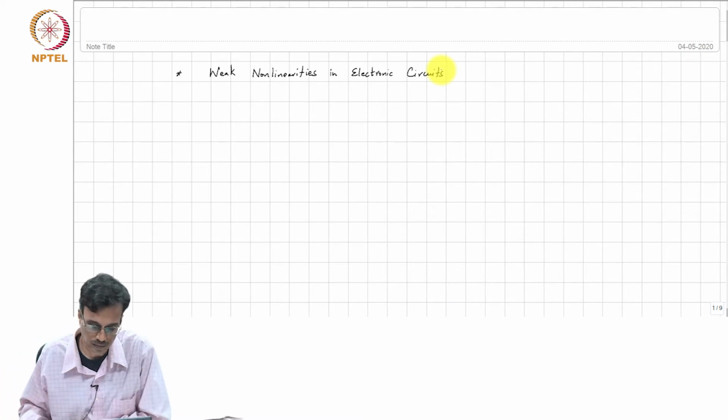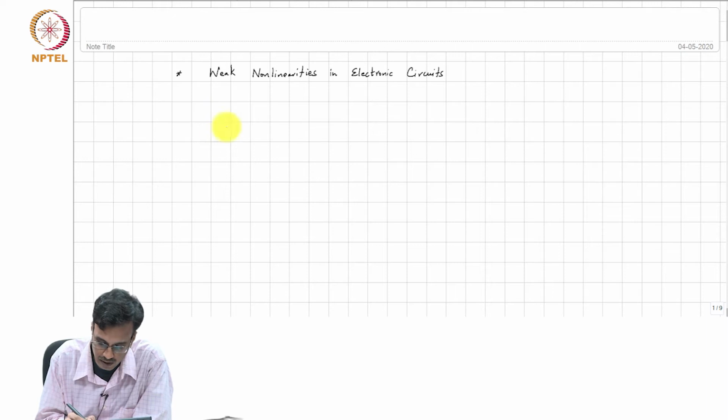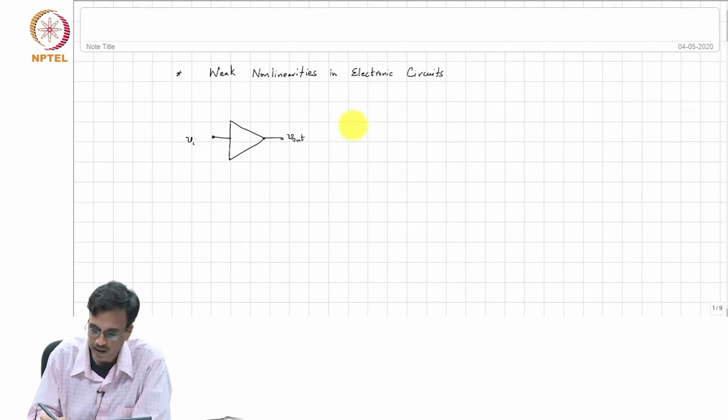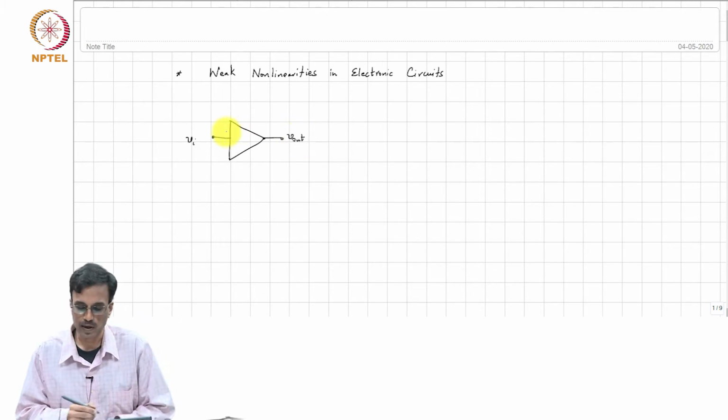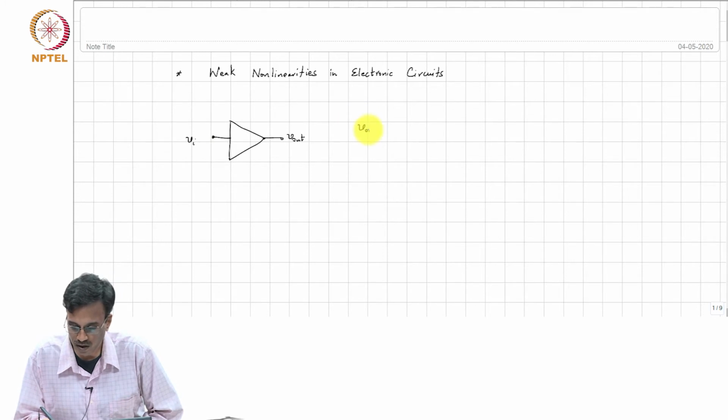So, let me take a simple example. Let us say you have an amplifier here, and ideally we want this amplifier to be linear. So, V out is supposed to be some gain A0 times Vi.